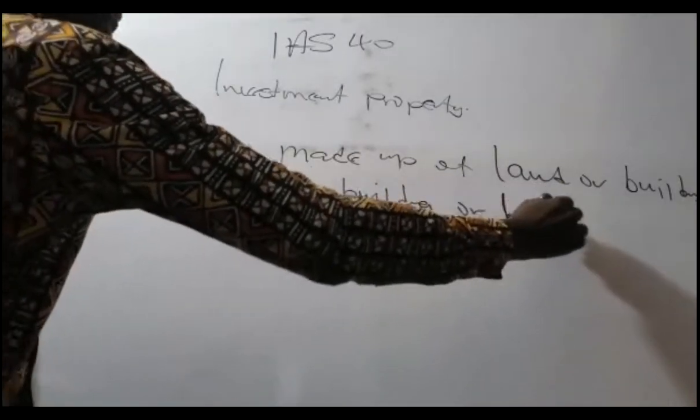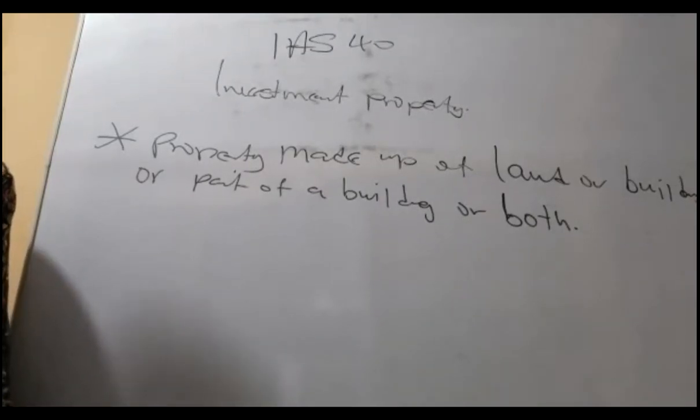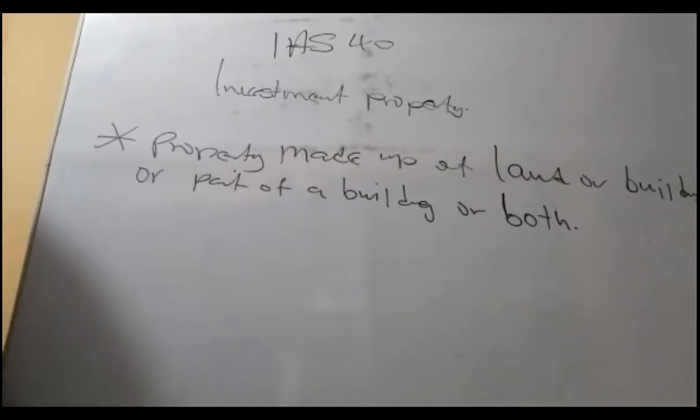That's the first feature. So a motor vehicle cannot be classified as investment property. Why? It's not land. It's not building. Let's say removable tent, I'll come to that one.